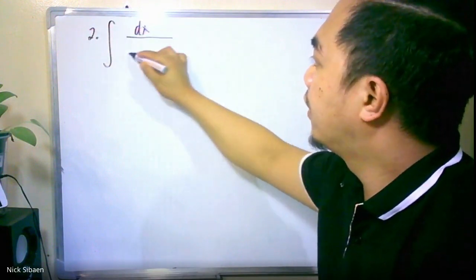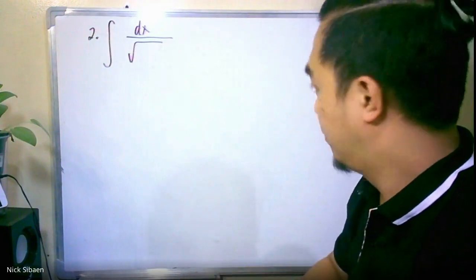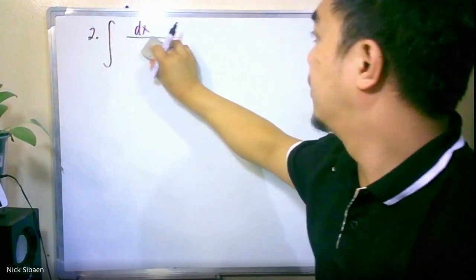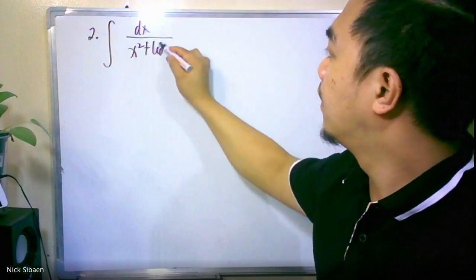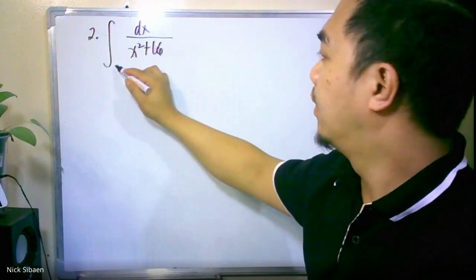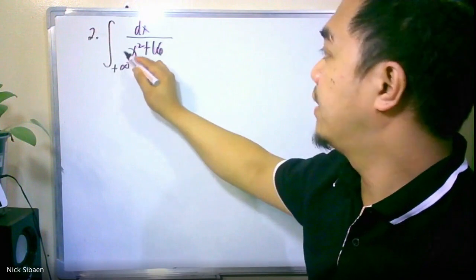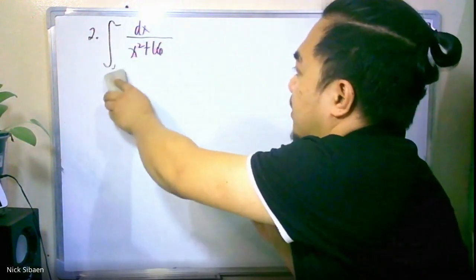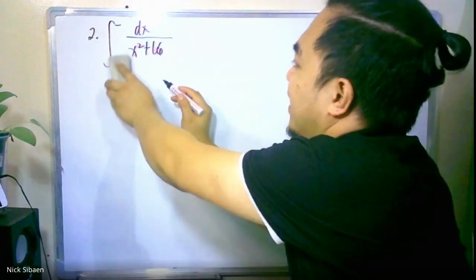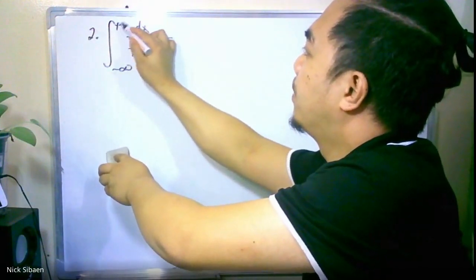Over function, walang square root. x squared plus 16, from negative infinity to positive infinity.